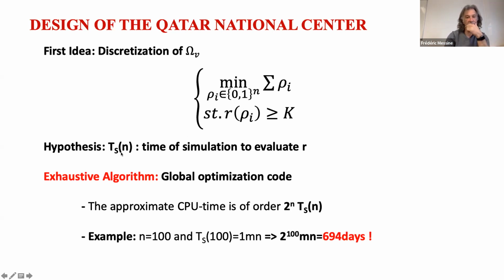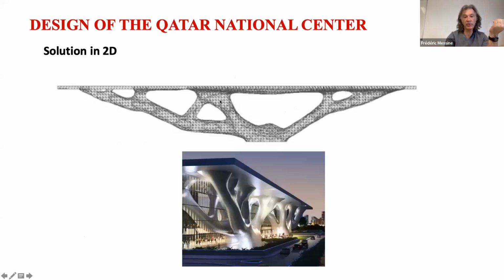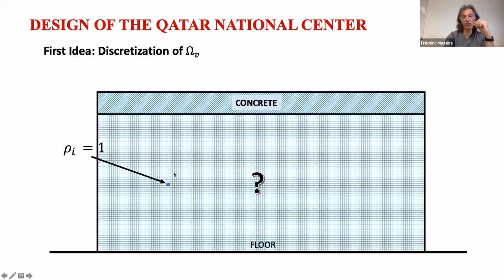Let me take some ideas, because now it's a discrete problem, so it's a bit easier. The first idea is to say, okay, we can construct all the possible combinations of points. You put 0 or 1 and you combine all of the possibilities. That's a kind of exhaustive algorithm.